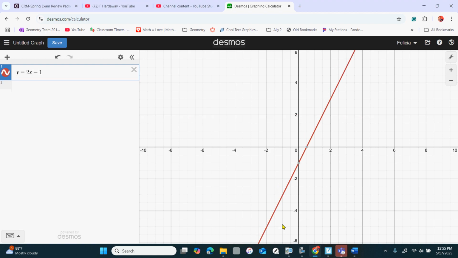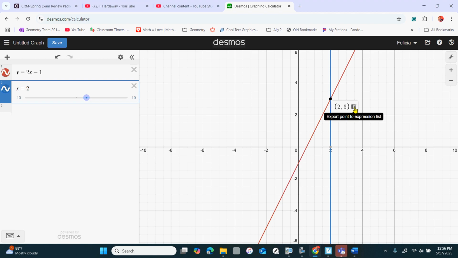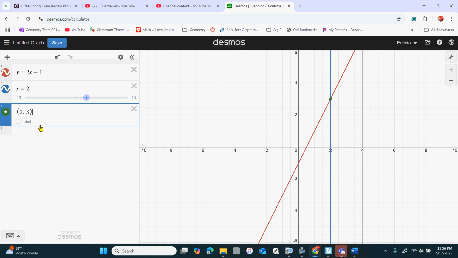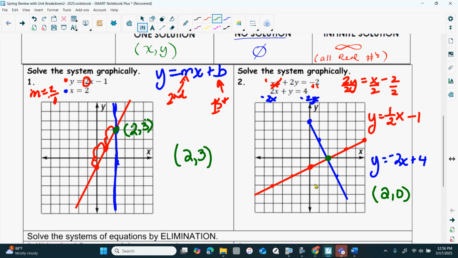As I type it, it'll put the equation in there, and then I just have to enter and come down to the next line, and it was x equals 2, and there it's showing me the line. I can come up here and click where they intersect, and it will show me the intersection. Remember, I could also insert that point on my line if I wanted to see it. Okay, but I see the solution right here. I'm going to take that off, come here and click. There it is. It is (2, 3), which is what we have.